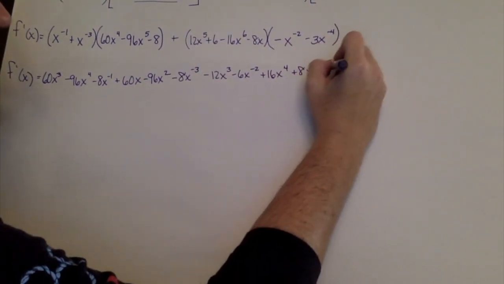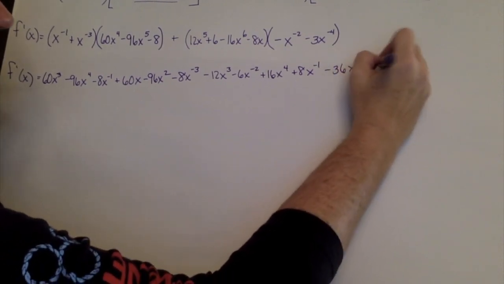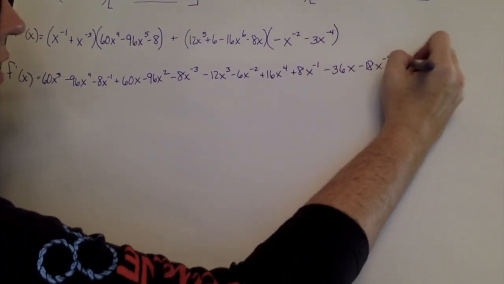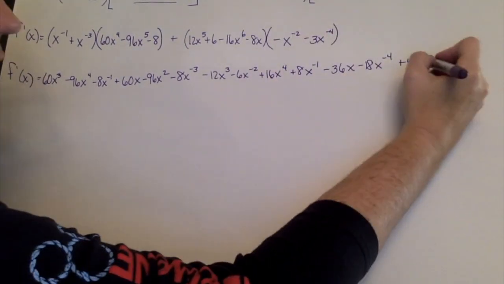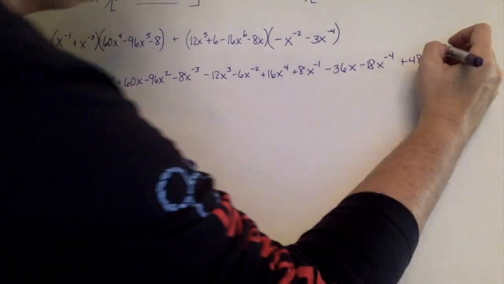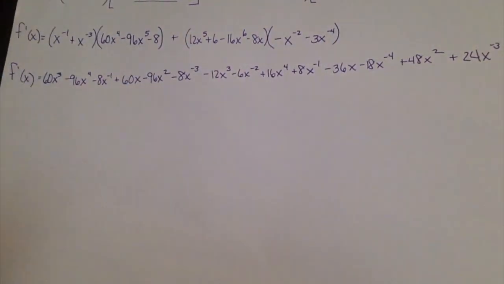That's going to give me negative 36x, negative 18x to the negative fourth, positive 48x squared, and lastly, positive 24x to the negative third. Okay. Oh, yes, just squeezed it on there.